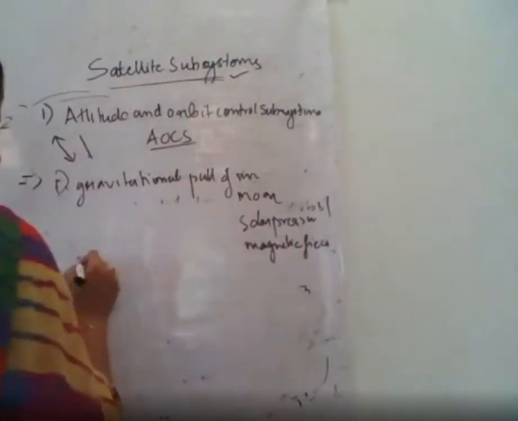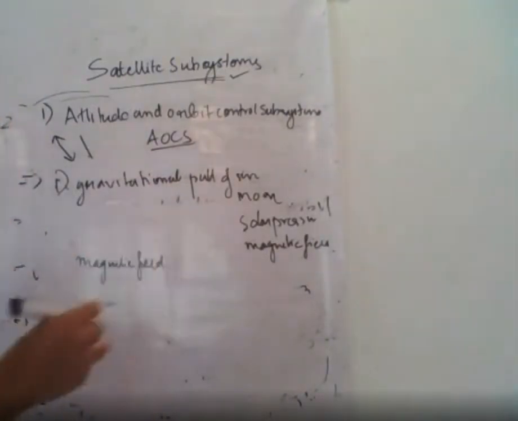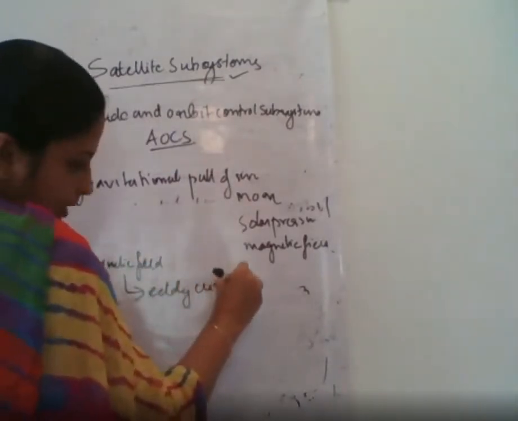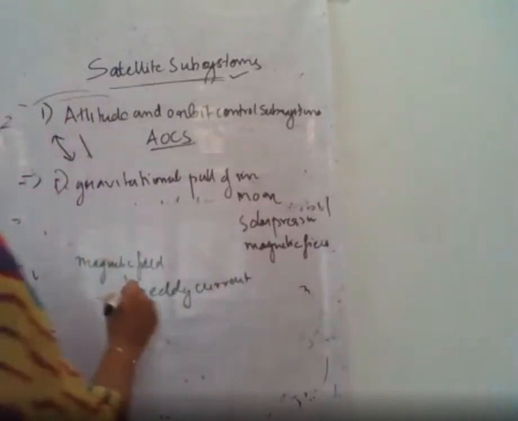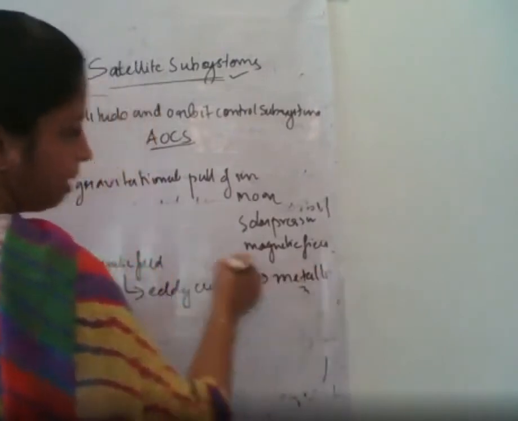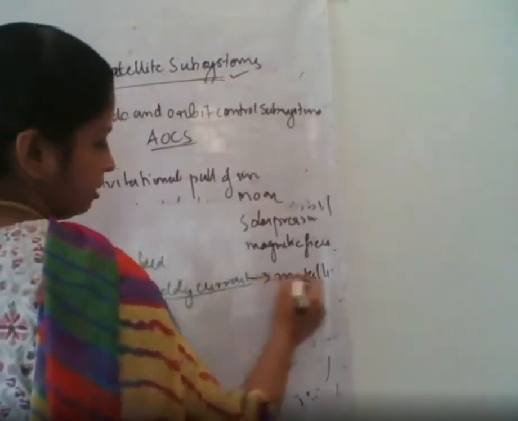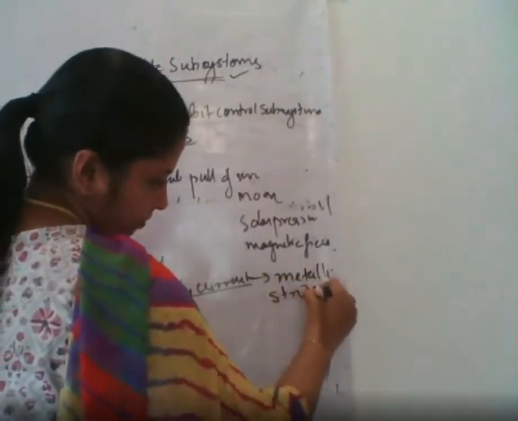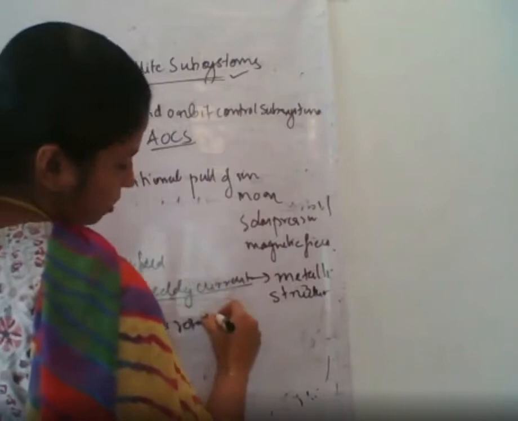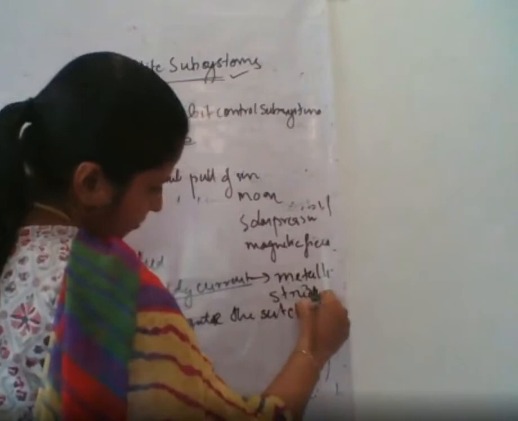So this magnetic field, what it does is, whenever the satellite passes through this magnetic field, an eddy current is induced in the metallic structure of the satellite. This eddy current rotates the satellite.